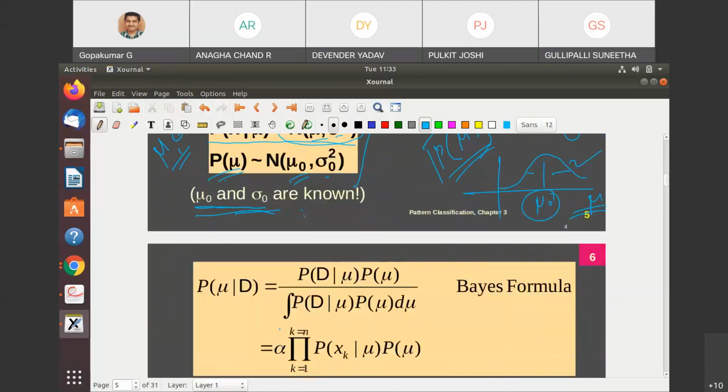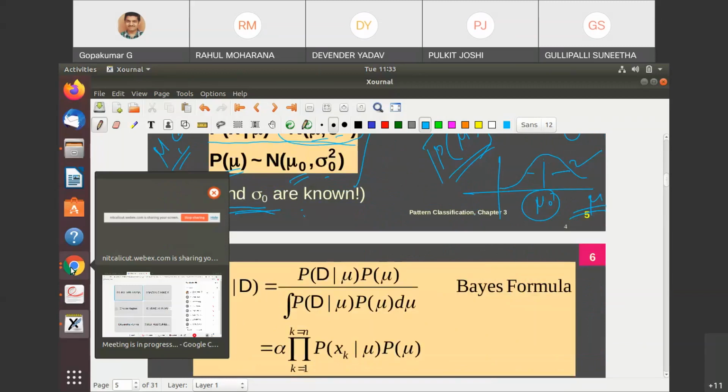Sorry, sir. You have taken mu zero and sigma zero as known. So can we say that both of these are considered constants? No, they are not constants. They are your best prior information with respect to the mean value.